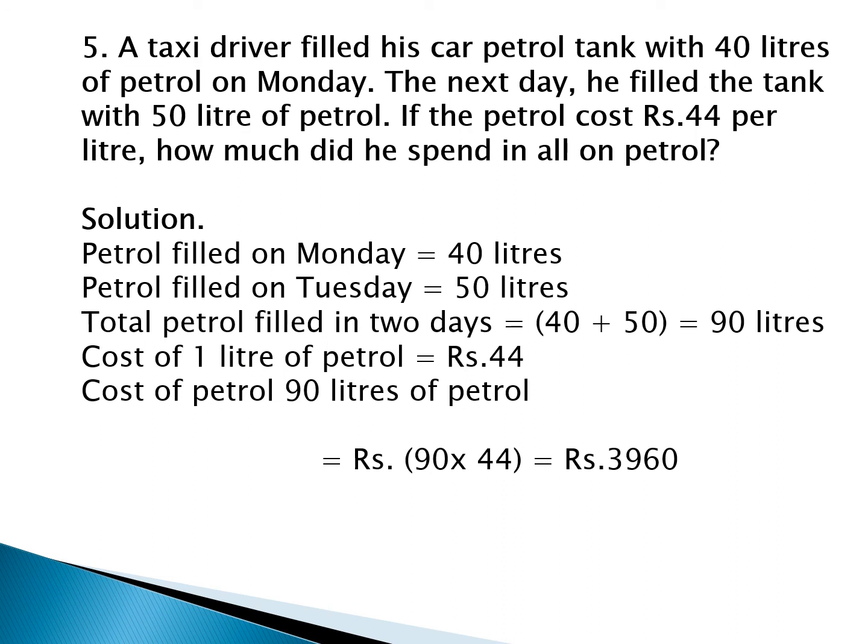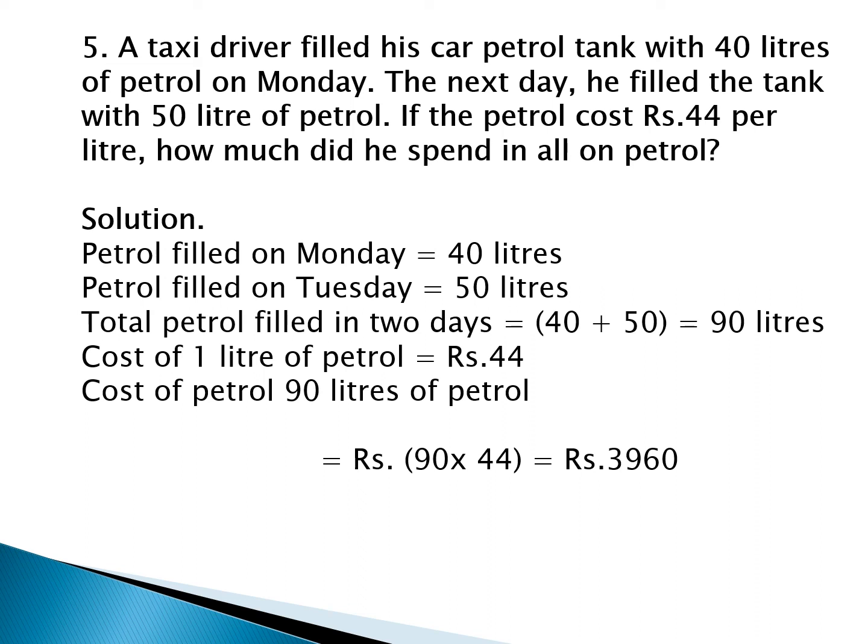Now question number 5. A taxi driver filled his car petrol tank with 40 liters of petrol on Monday. The next day he filled the tank with 50 liters of petrol. If the petrol cost rupees 44 per liter, how much did he spend in all on petrol?